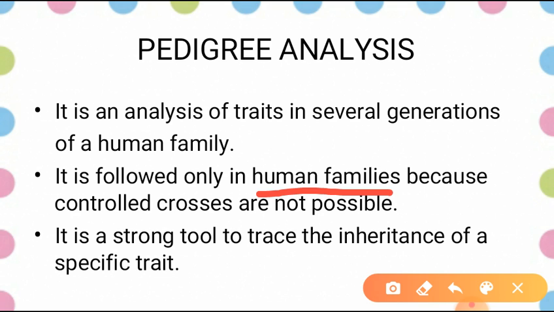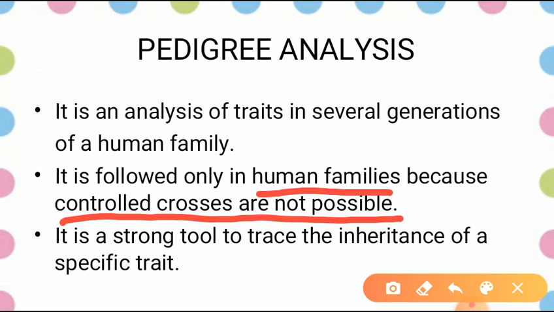We are not using pedigree analysis either in case of plants or in case of other animals, but we are using it only in human families. Why we are using it in human families? Because controlled crosses are not possible. For example, if you take a plant, we are taking a tall plant, crossing it with a dwarf one, or a plant having round and yellow seed crossed with wrinkled and green seed.